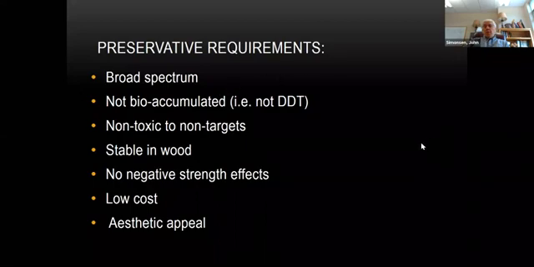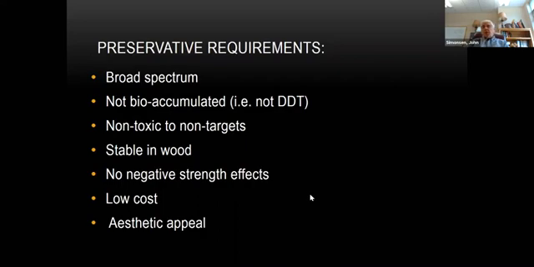It just happens to be not all that toxic to humans or pets or farm animals. You also want it to not bioaccumulate, so don't use DDT, and to be non-toxic to non-targets. It should be stable in the wood, with no negative strength effects, low cost, and aesthetic appeal. That is a very challenging list of requirements, and there are basically no products available that do everything on this list.